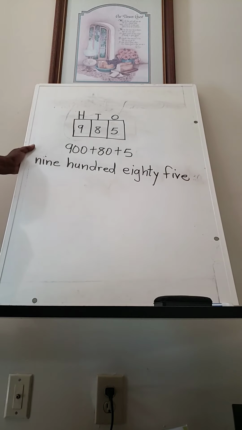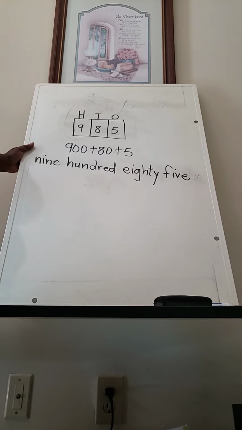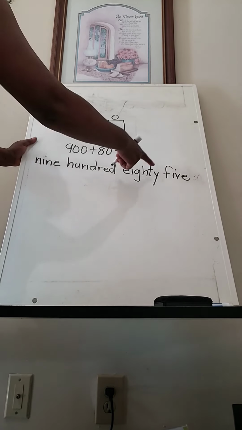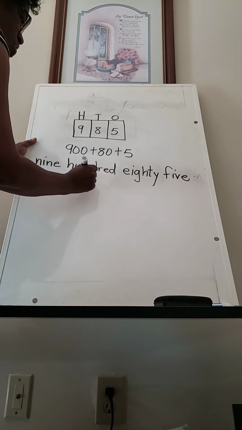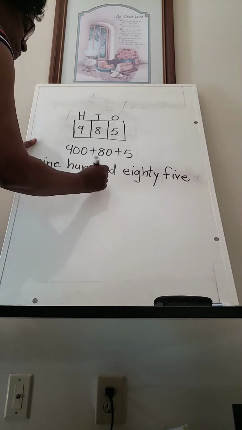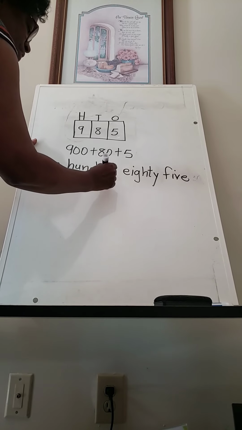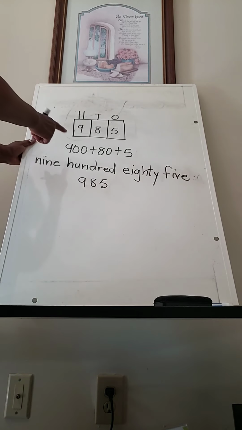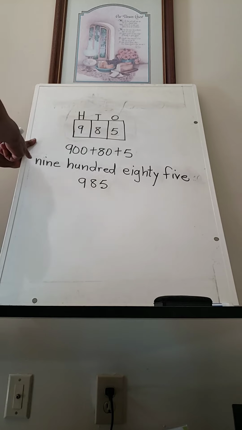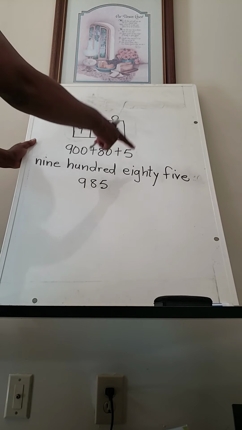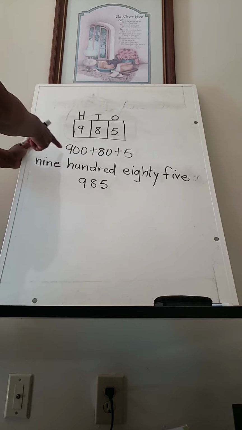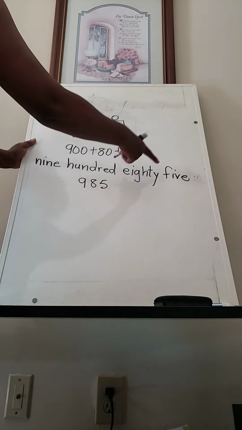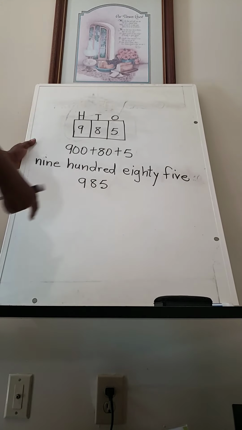So that's our 985. We have our expanded form, we have our word form, and the digits together we call our standard form. So we have 985. Expanded form, word form, standard form.